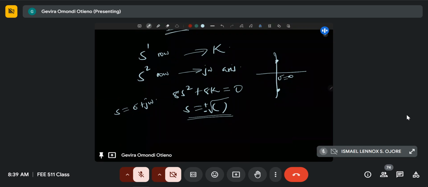It's happening on either side where sigma is 0. So if sigma is 0, it means s is equal to j omega. So the value of s that we obtain is going to be a plus or minus j of something, so that we cater for this as the positive j something and this as the minus j something. So that becomes your j omega axis crossing.